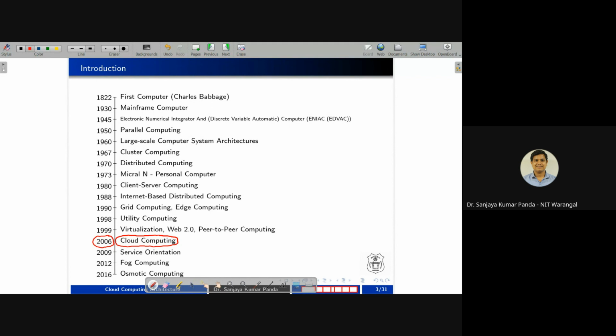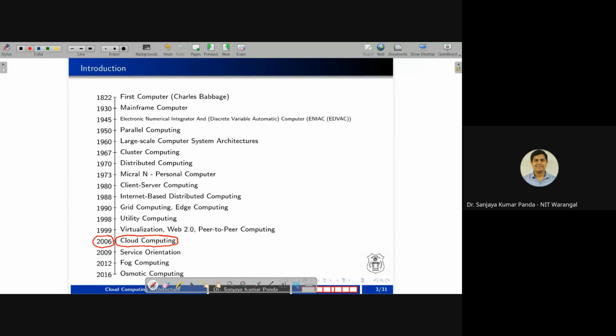For example, cloud is considered utility computing. Cloud can contain similar types of systems, so it can be treated as cluster computing. Cloud can contain different types of systems, so it can be treated as grid computing. All the advantages we have seen in previous computing paradigms are used in cloud computing.